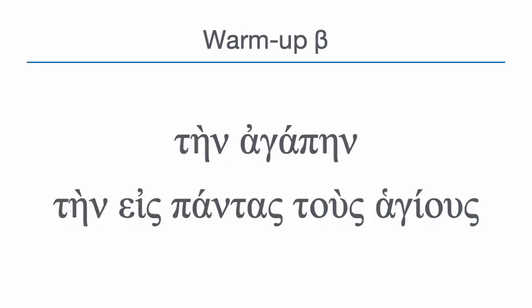All right, let's do maybe one more. So here we have tain agapein, tain eis pantos tous hagius. So here we have an article followed by a substantive. So article, substantive. And we have an article followed by a prepositional phrase. So what that's telling us is that this prepositional phrase, eis pantos tous hagius, is modifying agapein.